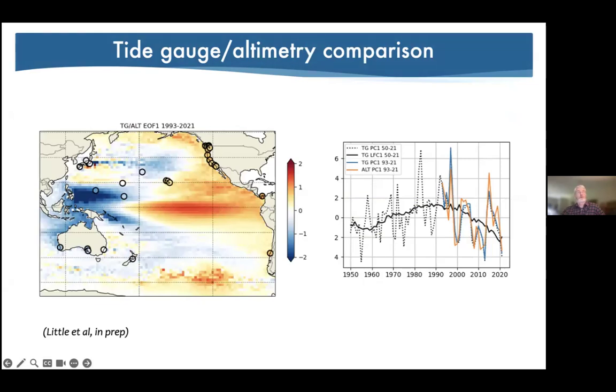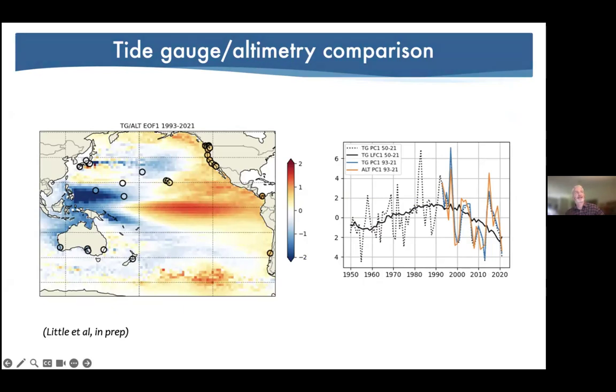So it's cleaner, rather than looking at the individual tide gauges, to take an EOF to examine the spatial structure at the basin scale. So what I've done is taken an EOF of all the basin scale tide gauges, and then we can compare that to what we get out of altimetry over the 1993 to 2021 period.